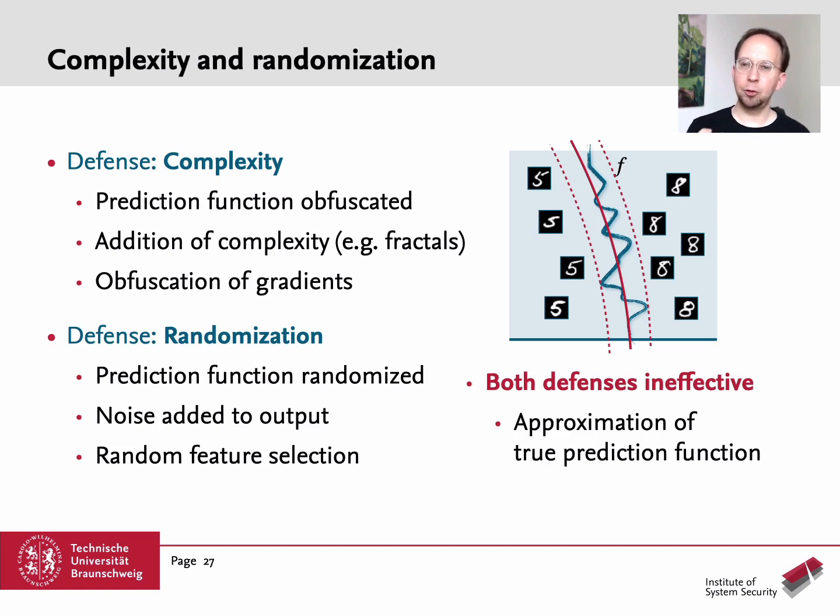There's some kind of boundary here or uncertainty where the attacker cannot infer the exact original decision function. But as I said, both the complexity and the randomization cannot be arbitrarily large. They need to be only that large that the original decision is not changed. And this means that you can always find an approximation that lives within this room and still allows you to conduct attacks.